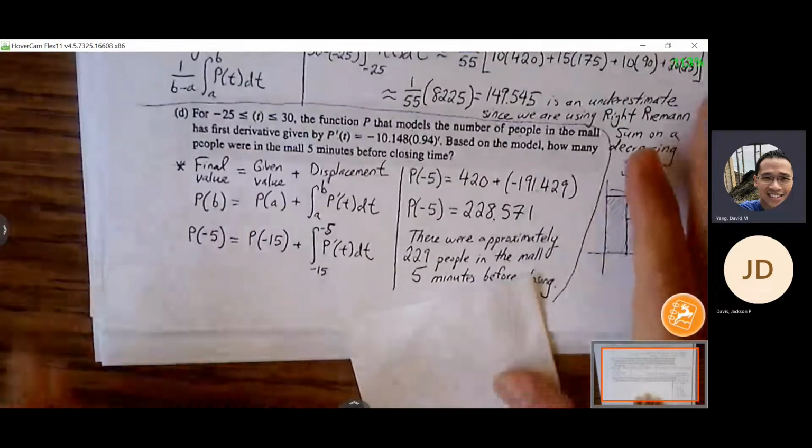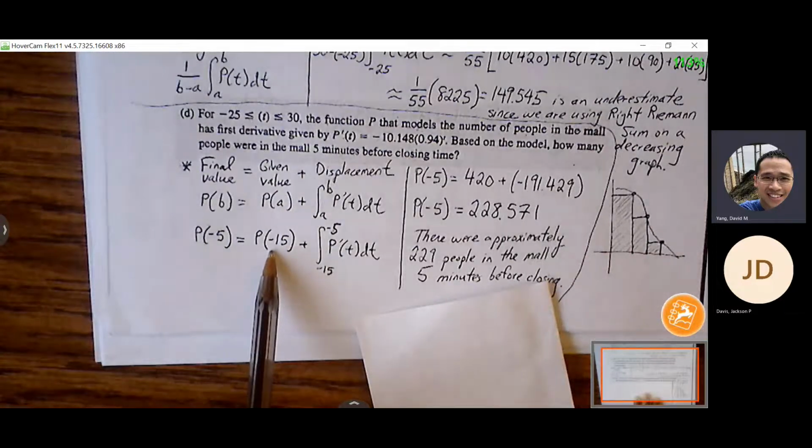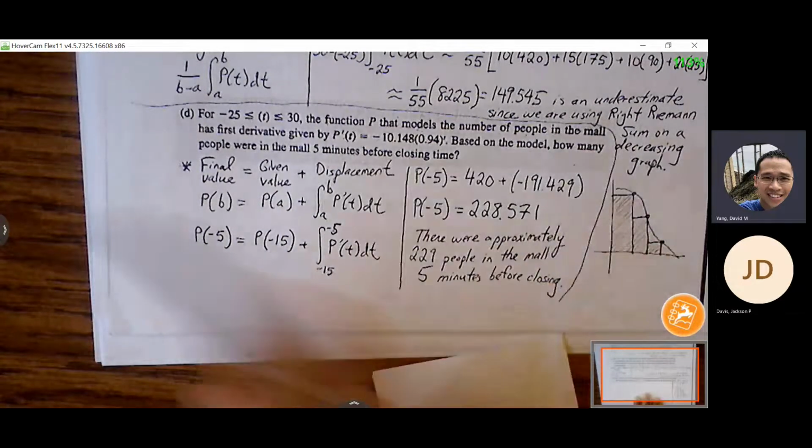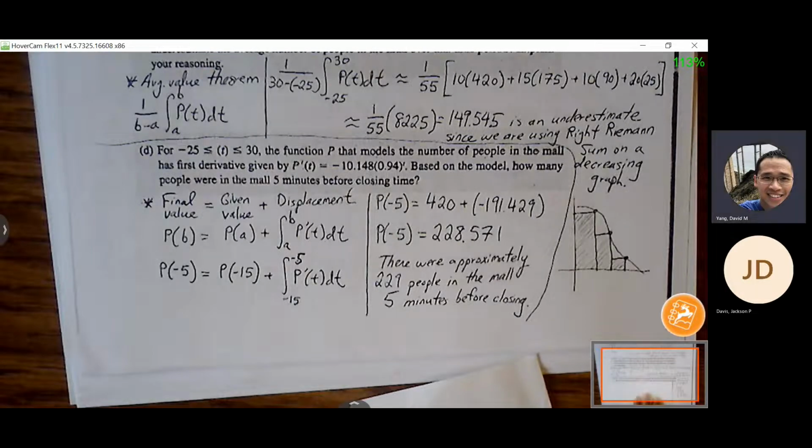So that's why I'm picking my starting, or given, value at 15 minutes before closing. Okay, any questions?